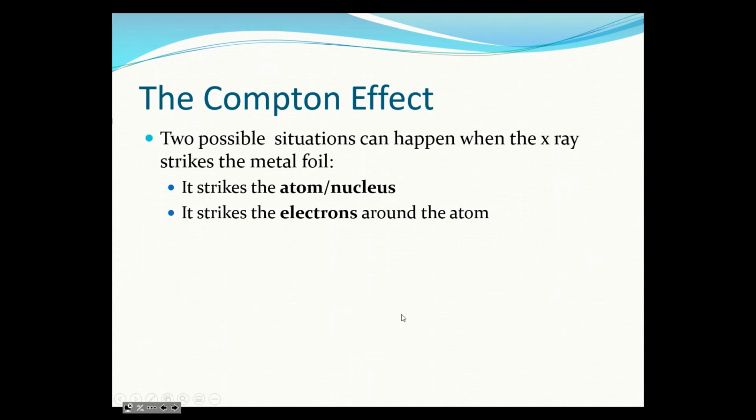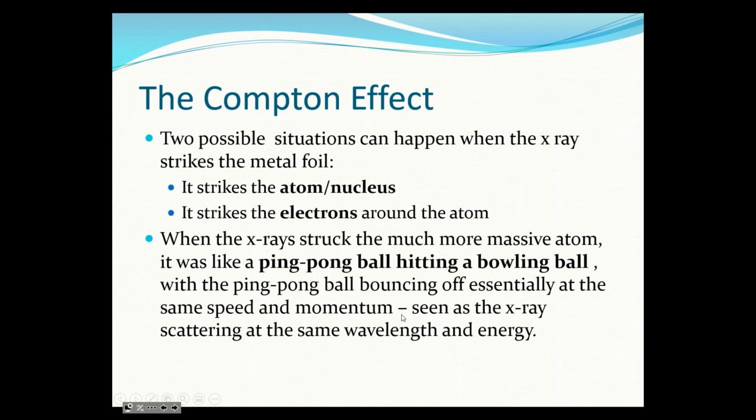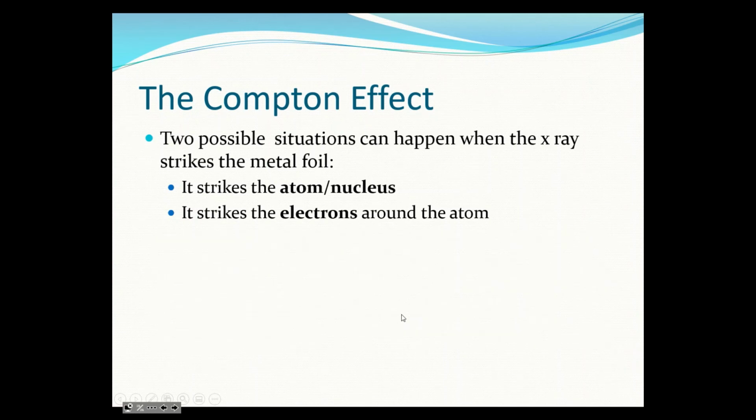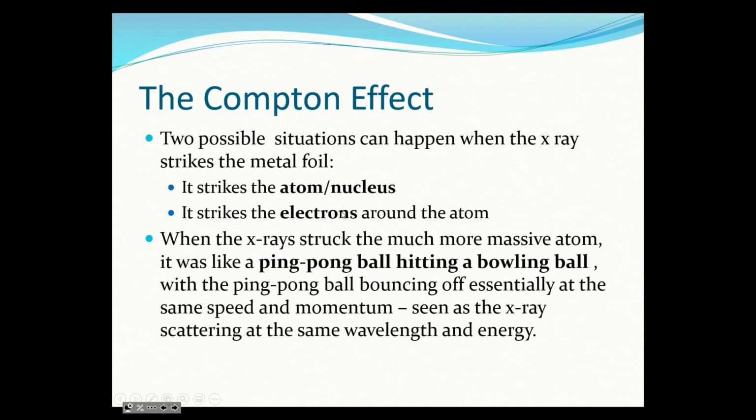So two possible situations can happen when the X-ray strikes a metal foil, right? It can strike the nucleus, or it can strike the electrons around the atom. The nucleus of the atom is protons and neutrons, and it's extremely heavy, super, super heavy. Protons and neutrons are 2,000 times heavier than electrons, right? Electrons are nice and light. So when the X-ray struck the much more massive atom, it was like a ping pong ball hitting a bowling ball.